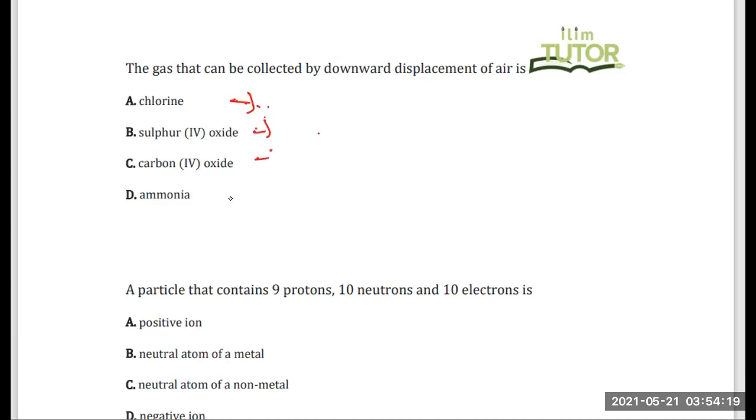Carbon dioxide is denser than air, but ammonia is lighter. So what we are saying is that if it is downward displacement of air, something that is denser comes directly in, because being denser will make the air to be displaced downward. So ammonia will be collected by downward displacement of air and upward delivery of tube. Upward delivery.